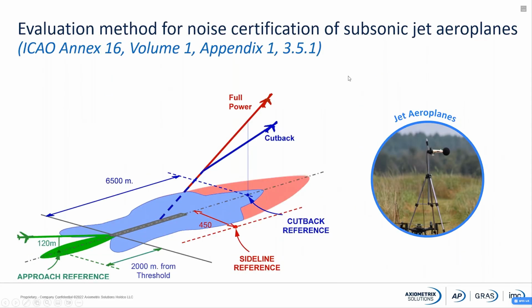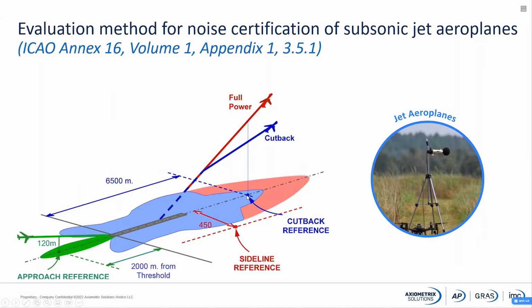The second setup that I'm going to talk about is this Annex 16, ICAO or FAA, Volume 1, Appendix 1, 351. This is talking about how we are actually doing the certification of aircraft. And as you can see here, there is a sideline reference, where you should have some microphones.